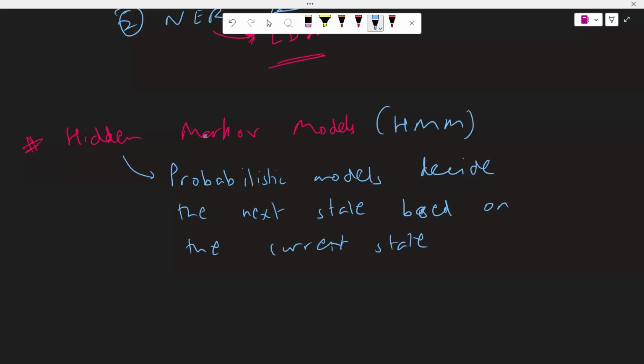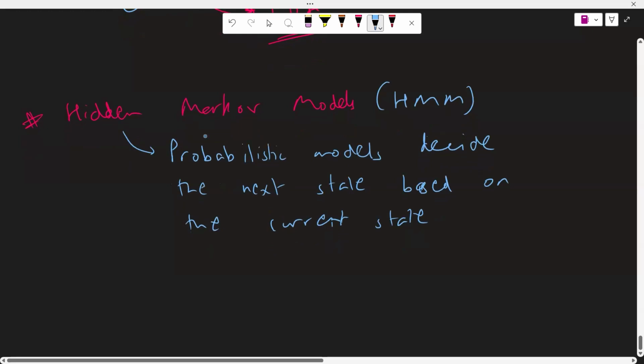Okay. So probabilistic models, but they have the ability to decide the next state based on the current state.